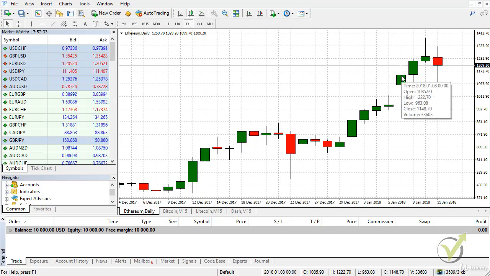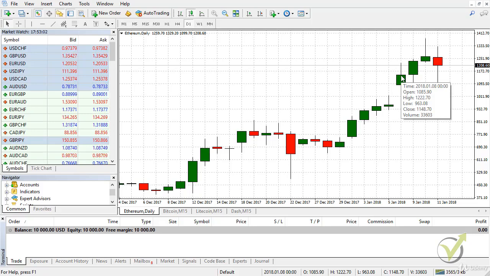The body represents the distance between the opening and the close of the candlestick, and the lines represent the maximum the price went during this day and the minimum, the lowest level that the price reached during this day.